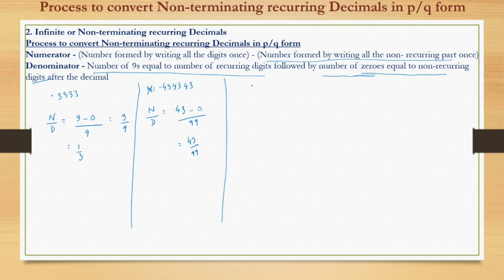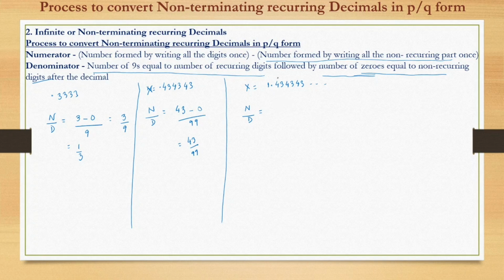Now another example. The next example was, I think, 1.4343... 1.434343, and so on. If we want to convert this, what is the process? We write the number formed by writing all the digits once. How many different digits do we have?